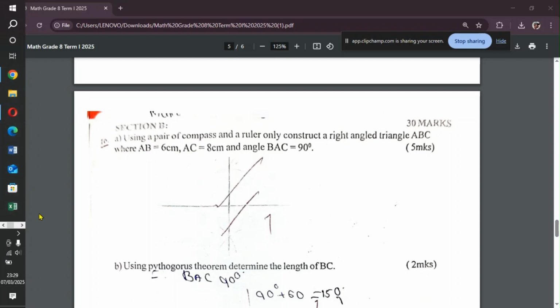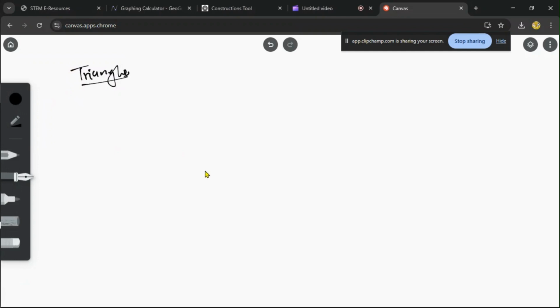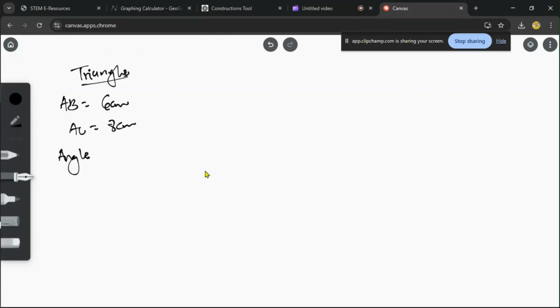If I go back to the working here, you've been told that AB is equal to 6 centimeters, and AC is equal to 8 centimeters. Then angle BAC.